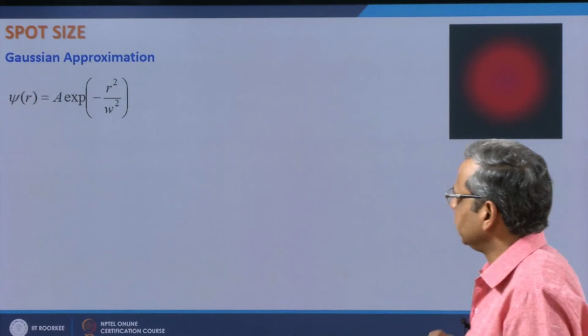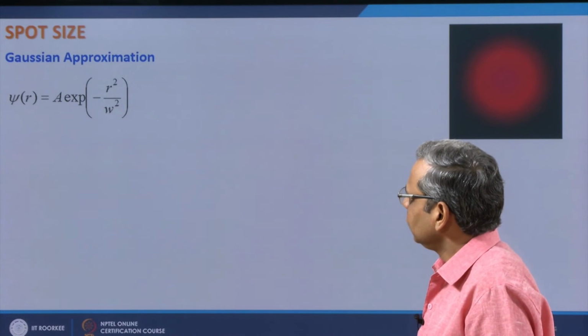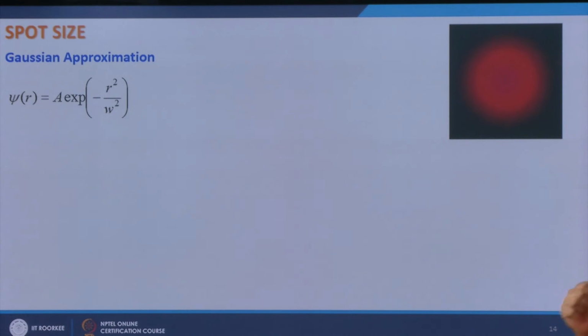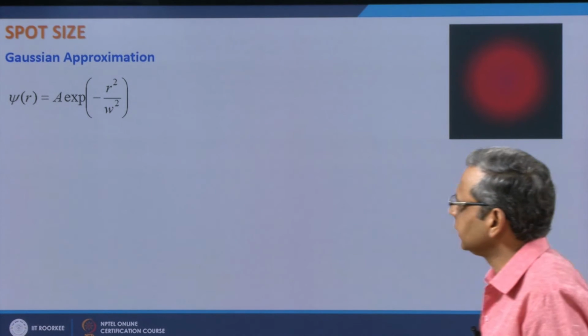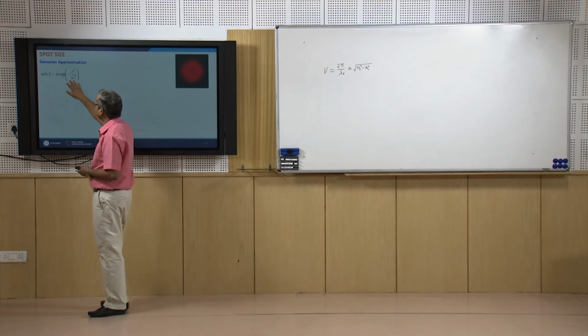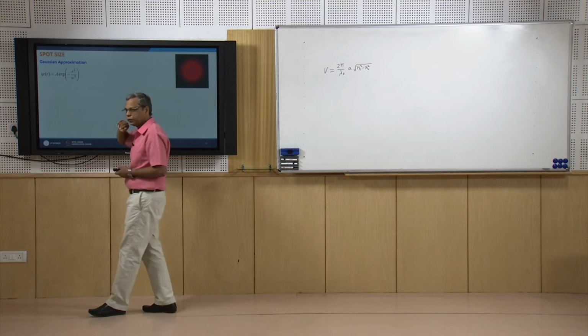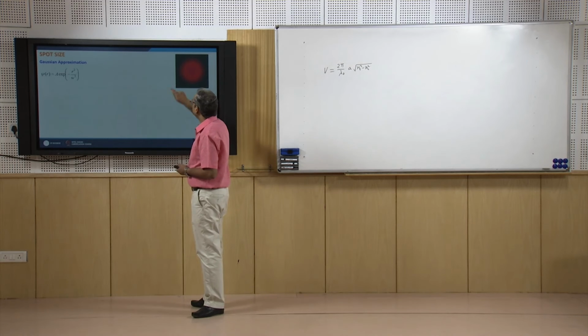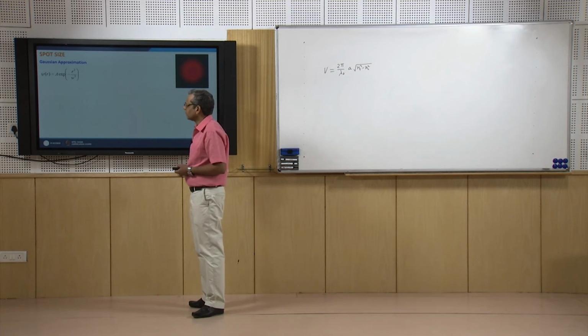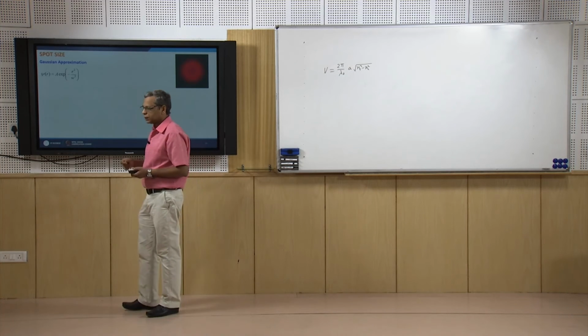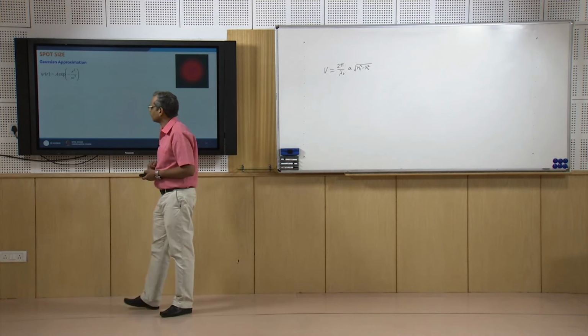So, I try to fit a Gaussian to this kind of distribution, and that Gaussian I represent as psi of r equal to A e to the power minus r square over w square, where A represents the value at the center and w is the width of the Gaussian.